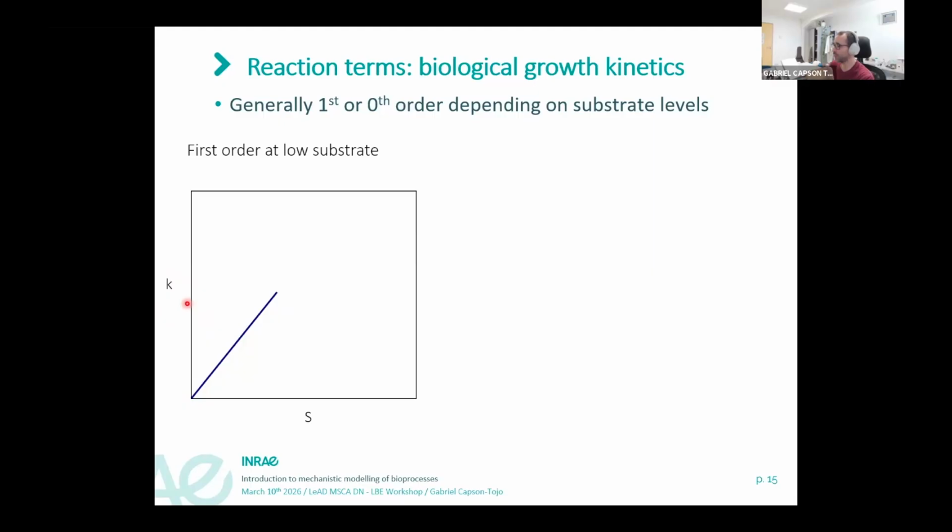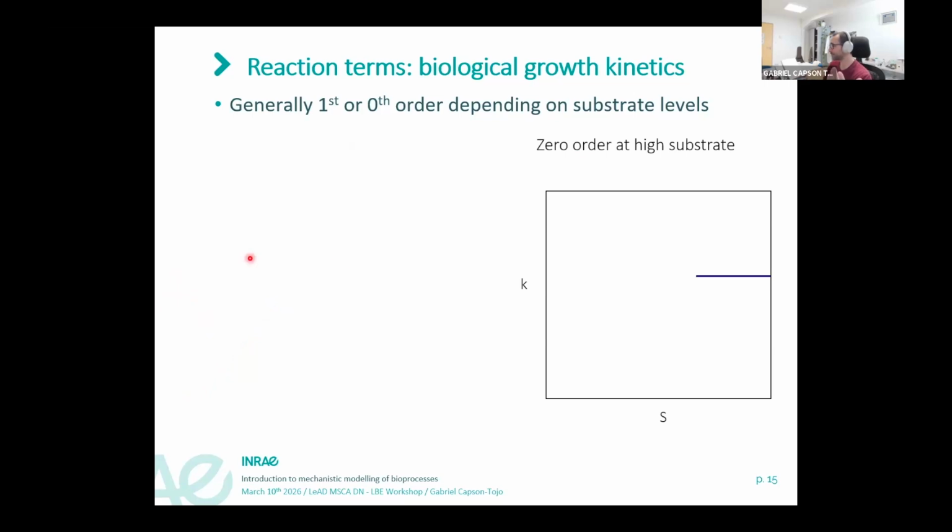If you have more substrate, you have more food, you have faster growth. But this has a limit. If you add more substrate after a given amount, you approach saturation. And bacteria, even if you provide more substrate, more food, will not grow faster. They reach the maximum uptake or growth rate.